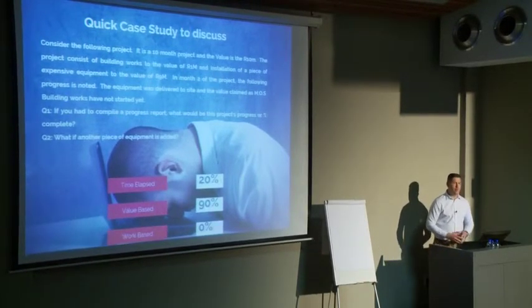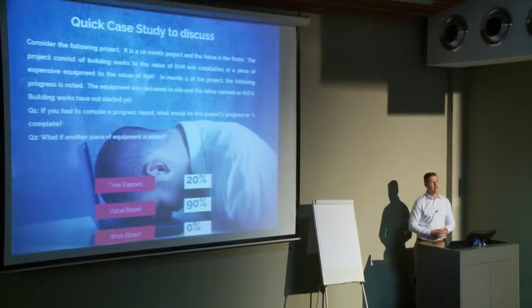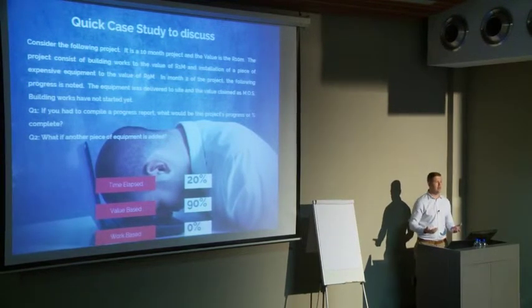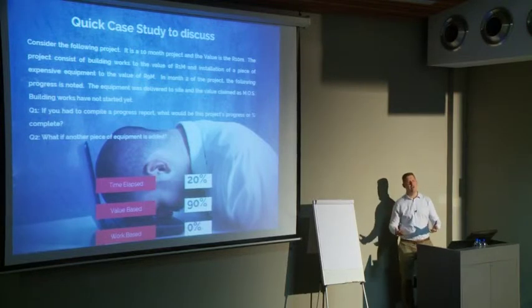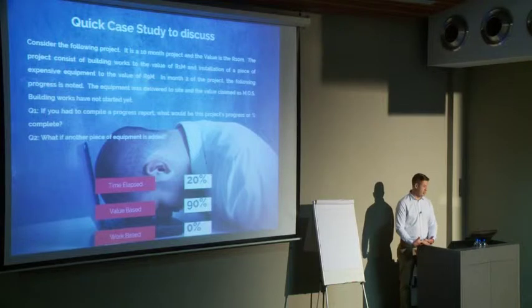And then if we look at work-based or effort-based, what effort has been expended on this project? Nothing. No man hours. Maybe 1 or 2 in offloading the piece of equipment, but nothing more. So how is it possible that we can have on a project percentages of 20, 90, and 0? And we are saying that all 3 are correct.